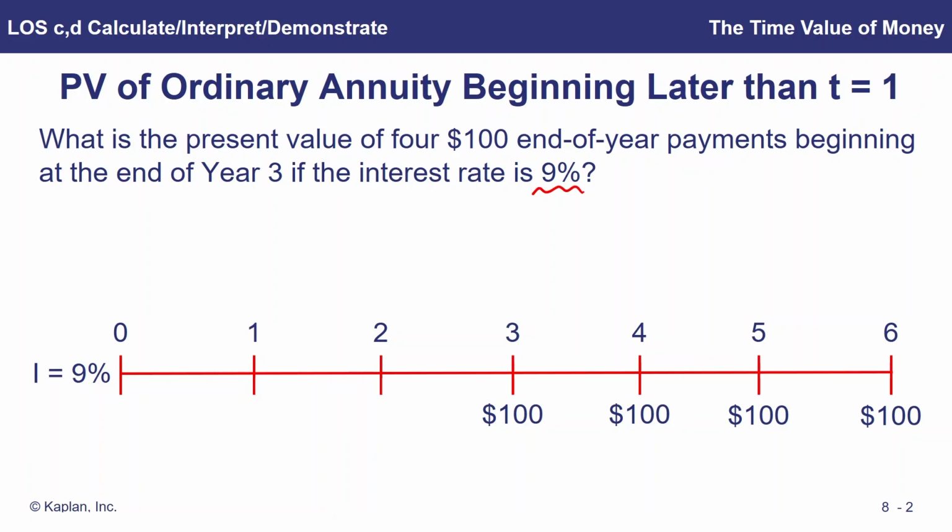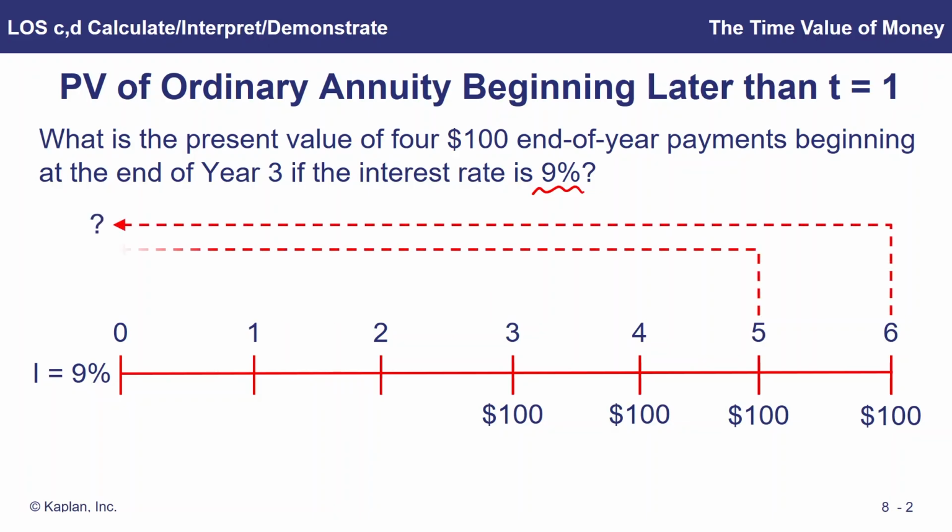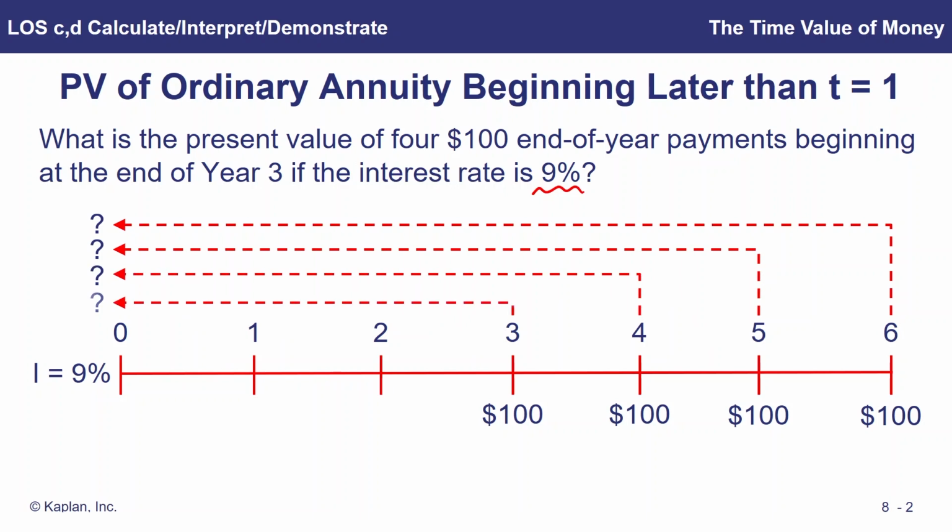So what we could do is, the first cash flow is at T3, so we could take that cash flow and discount back 3 periods onwards and upwards. So notice with this cash flow at T6, we could discount that by multiplying it by 1 over, in this case, 1.09 to the power of 6 to get its present value. This cash flow, multiplied by 1 over 1.09 to the power of 5.